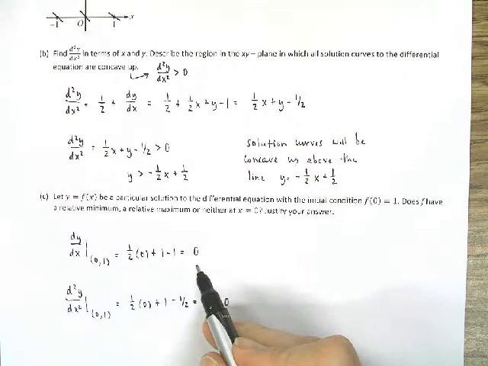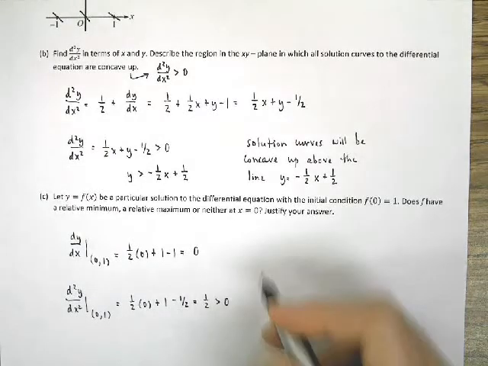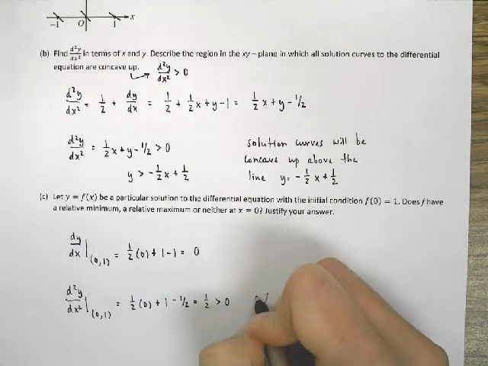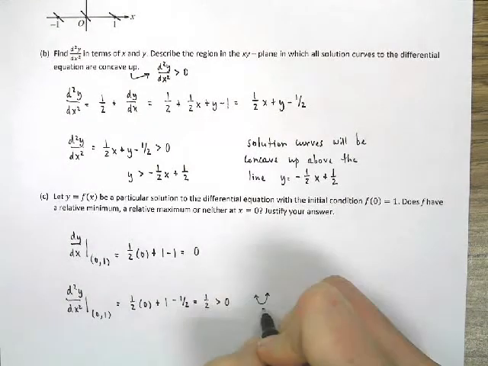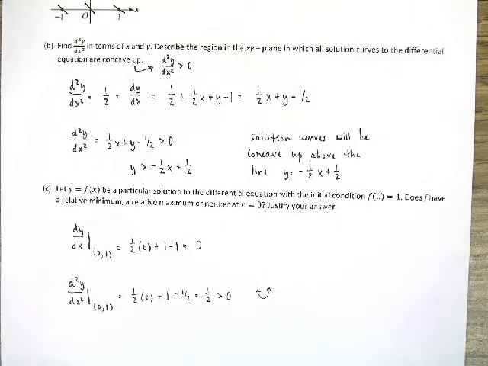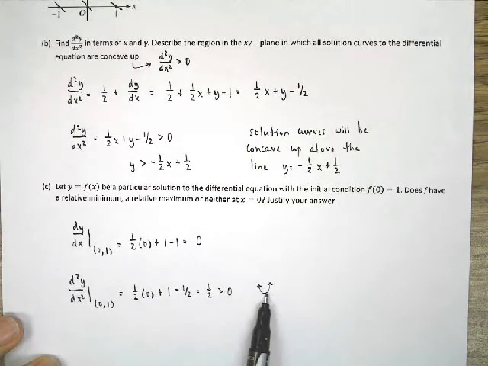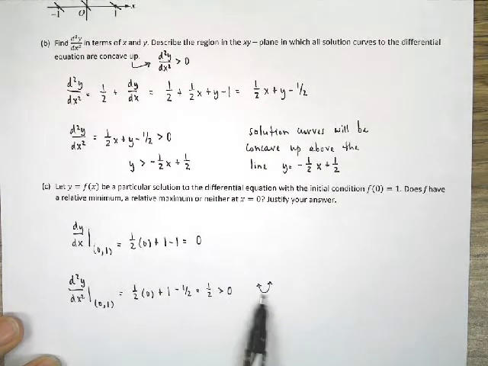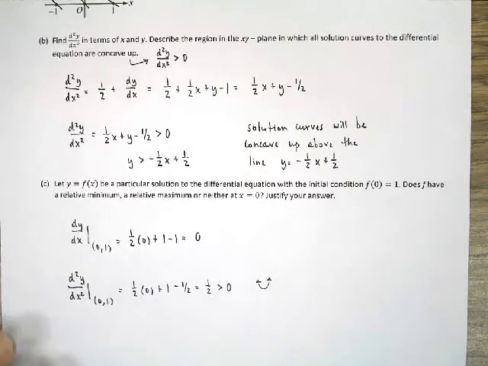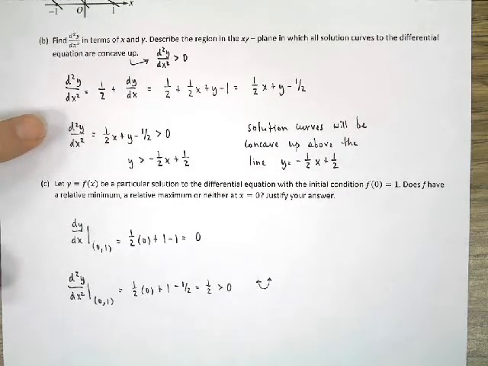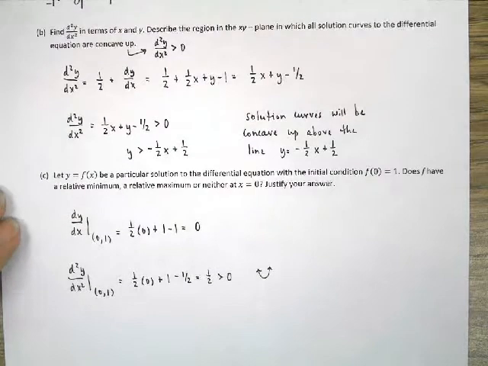So now I know I have a horizontal tangent at that point, and my function is concave up, which means at that point then I have a relative minimum. Again, because I have a horizontal tangent, my first derivative is 0, and because I'm concave up, that point is a minimum. So we're actually able to determine this without solving the differential equation. And usually the problems are kind of structured to guide you there because we had already calculated the second derivative.